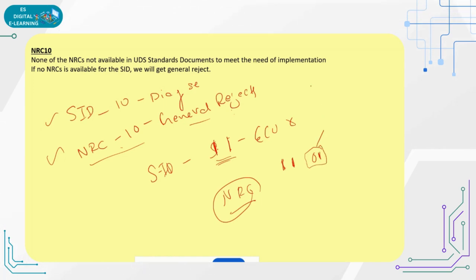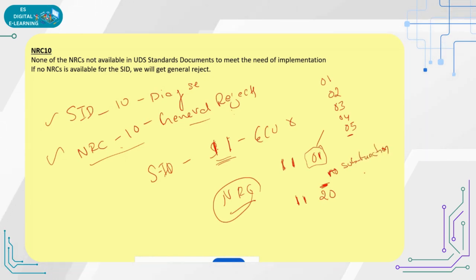We have subfunctions 01, 02, 03, 04, 05. Instead of this, I am giving extra data, like 11 20. This is invalid, right? It won't support this subfunction. Subfunction not supported means it won't support the data.